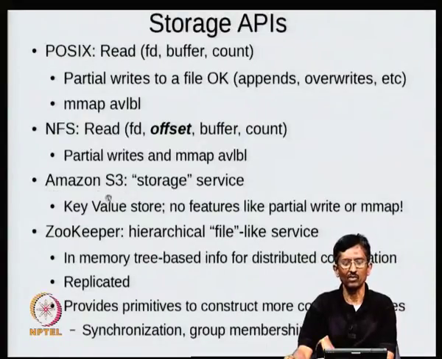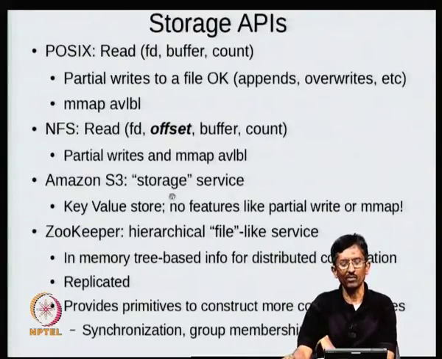Okay, so Amazon S3 can give you a much weaker type of consistency model, and that is the reason why you have to be careful about the model that they provide. Similarly, there is Zookeeper, which is a hierarchical file-like service, and this one also has a slightly different model. We will actually take a quick look at exactly what it does.